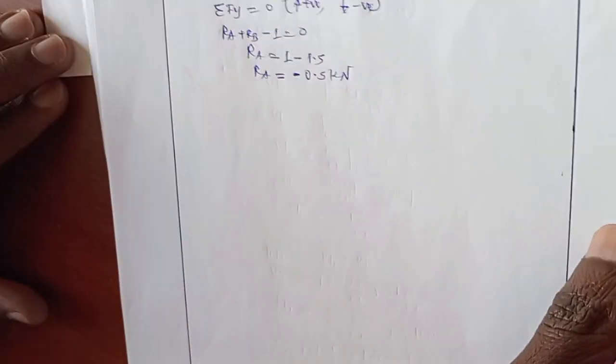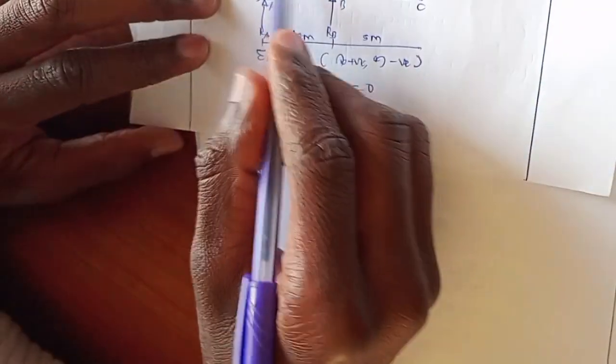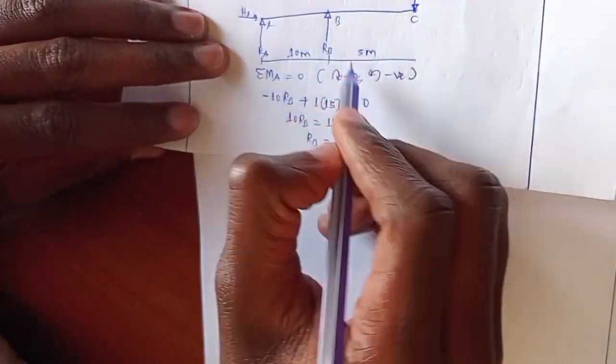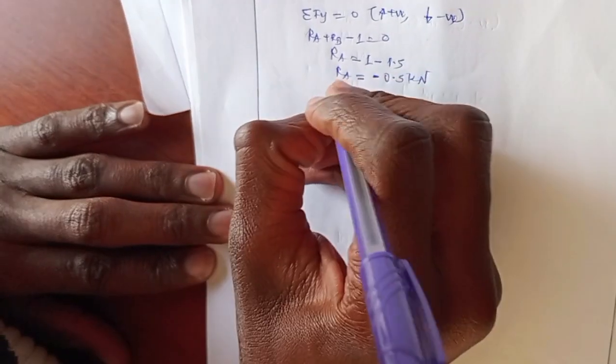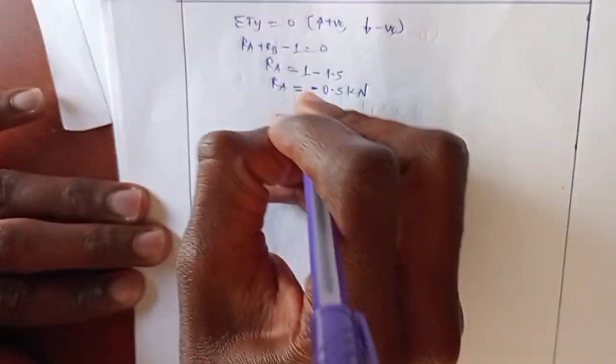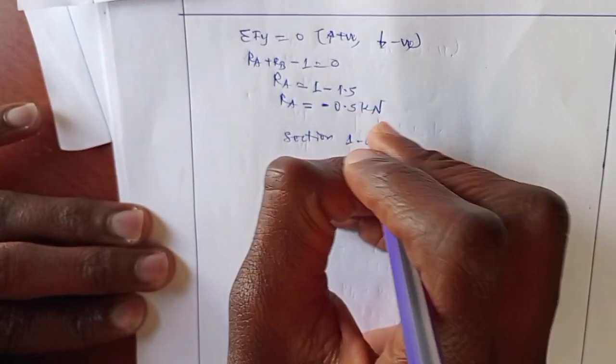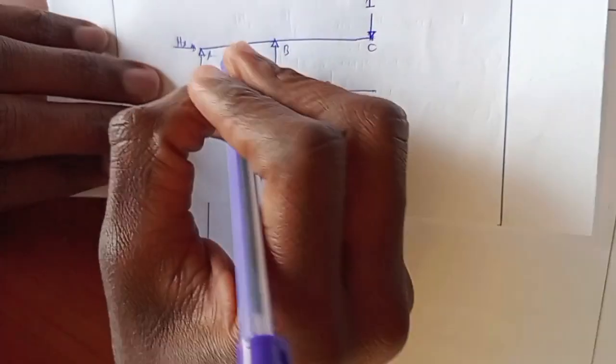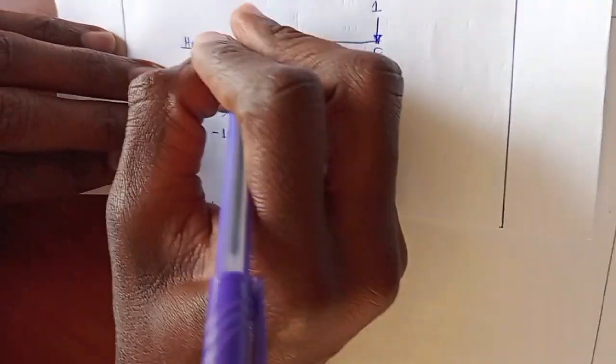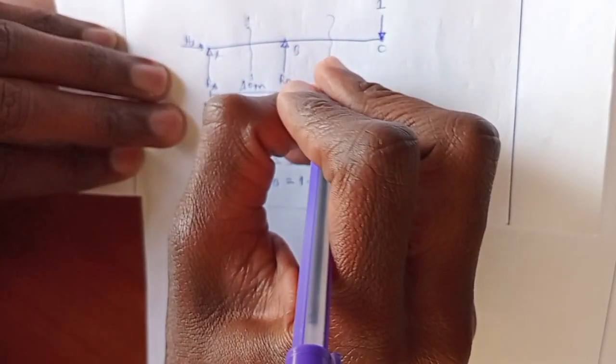So, in order to obtain moment due to unit load, we cut sections. At this region, section 1-1 and section 2-2. Now, let's consider section 1-1. We cut the section here. This is section 1-1, section 2-2.